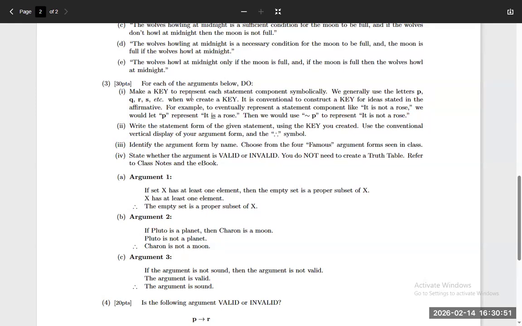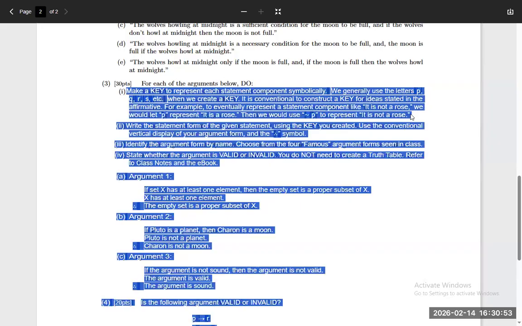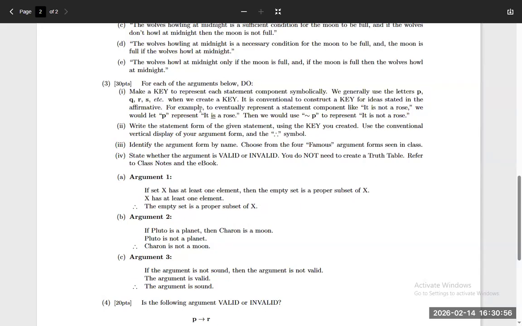I got the feeling that maybe you didn't get past part one. Can you give me any suggestions for how to improve the instructions in part one? I would say the first sentence, make a key to represent each statement components symbolically. Maybe not a less complicated word per se, but more straightforward.